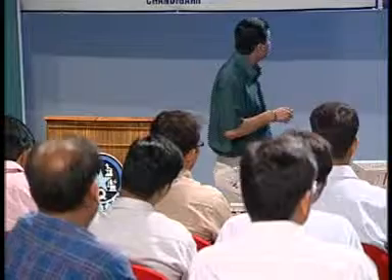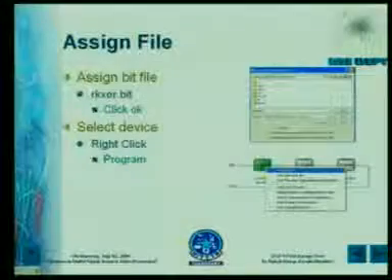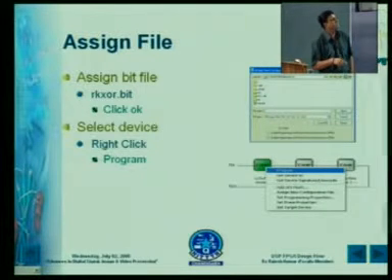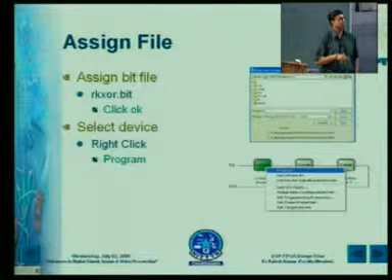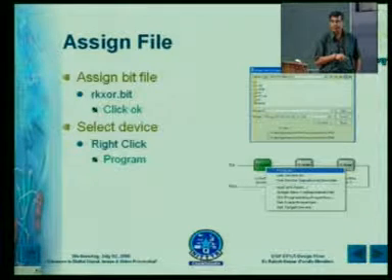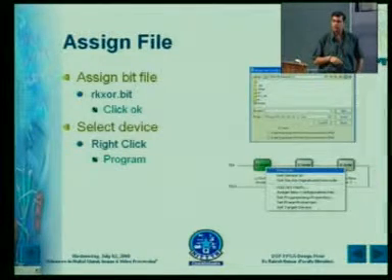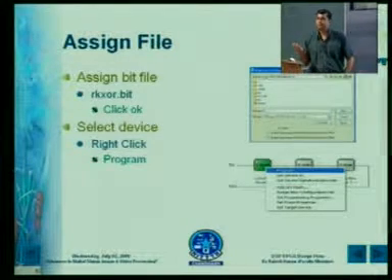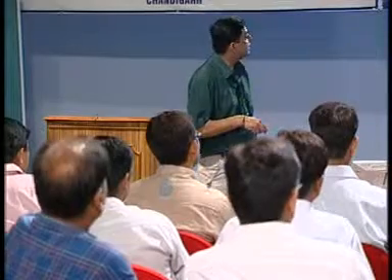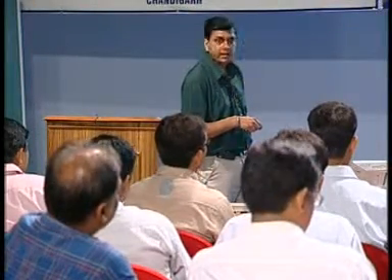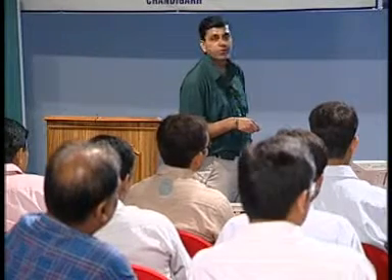I will select this XOR.bit here, select open, then you will get these 3 devices on your screen. The first one is your FPGA, the second one is your CoolRunner, and the third one is flash memory. We will select the FPGA, right click on it and select program.